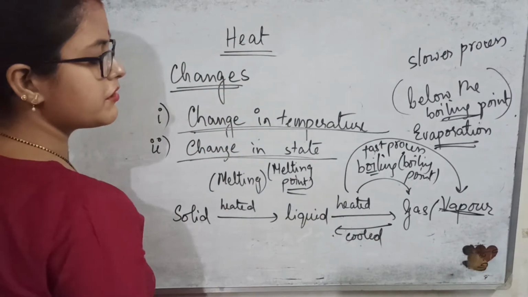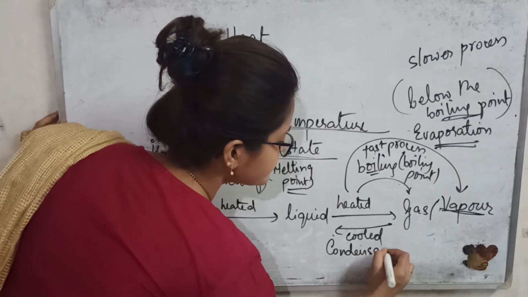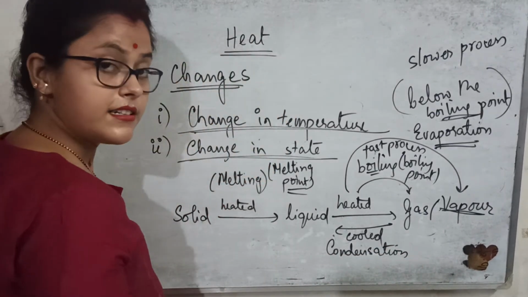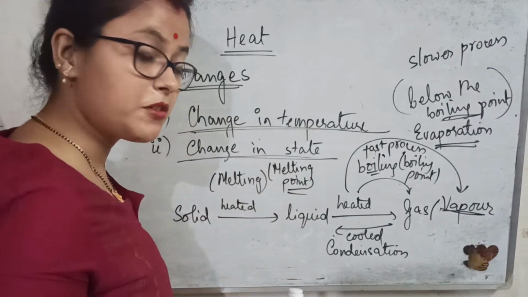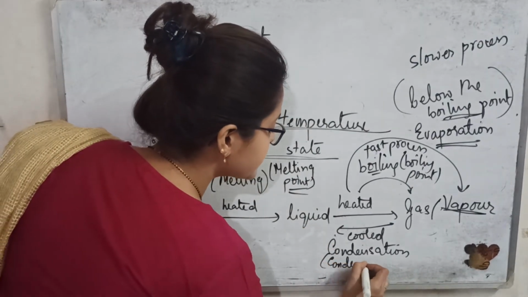Now, if a gas is cooled, it will change into its liquid form, and the process is called condensation. And the fixed temperature at which this will happen is called the condensation point.